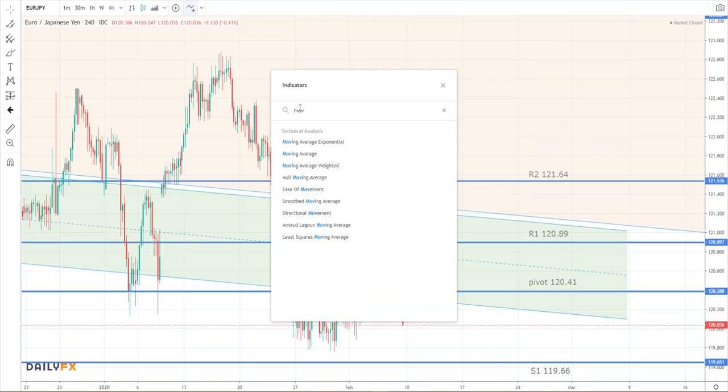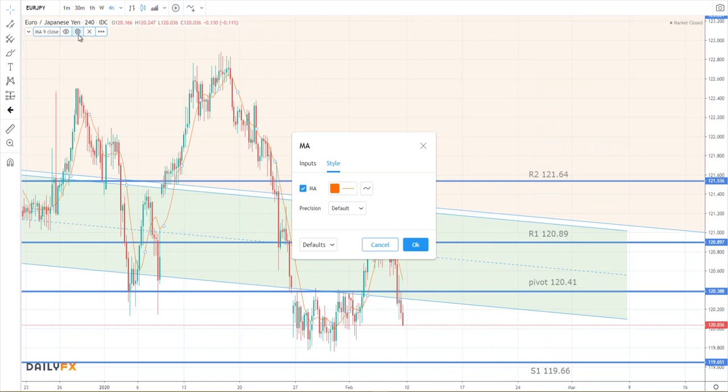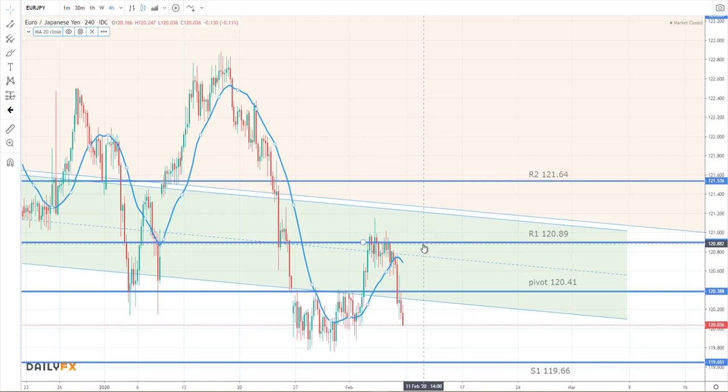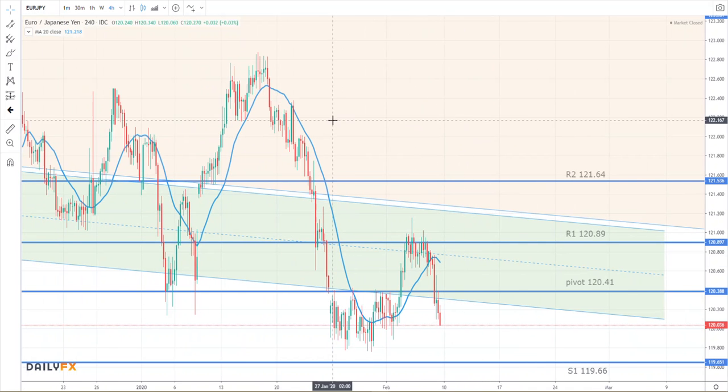If I put my fast moving average on here, this is my simple moving average, and I make it 20. We see historically when that happens that it's typically a good sell.